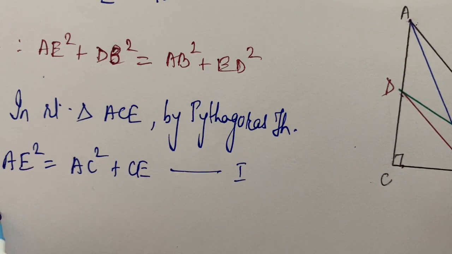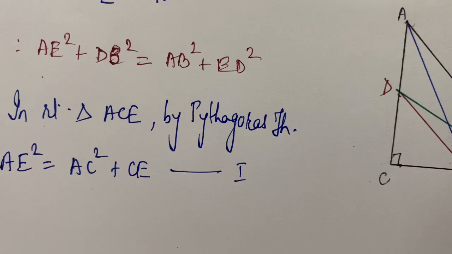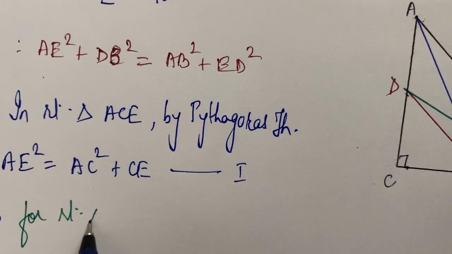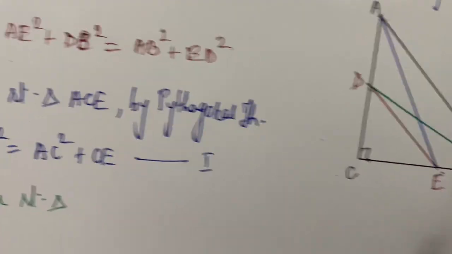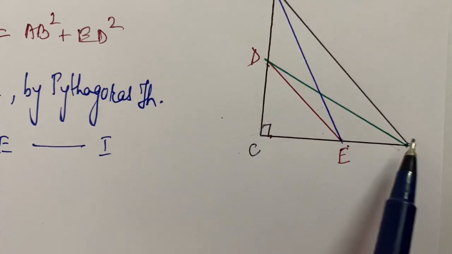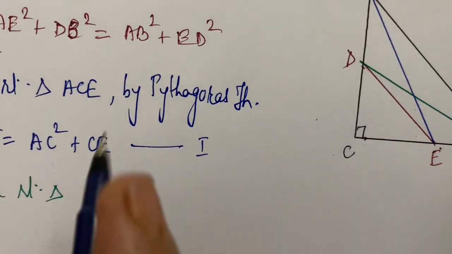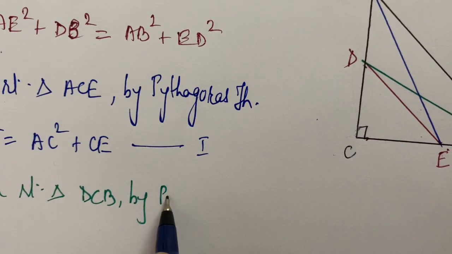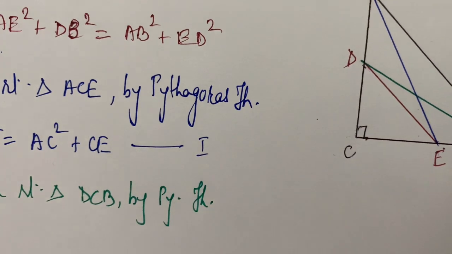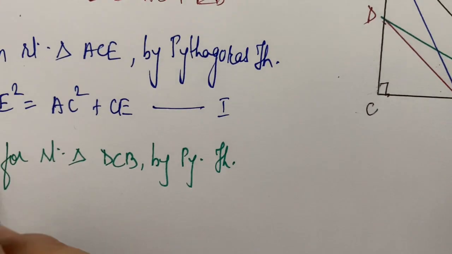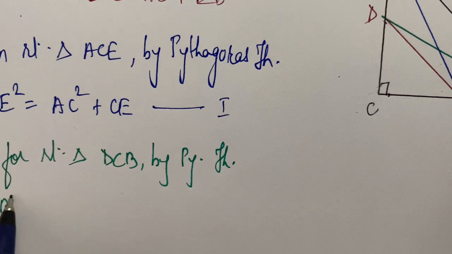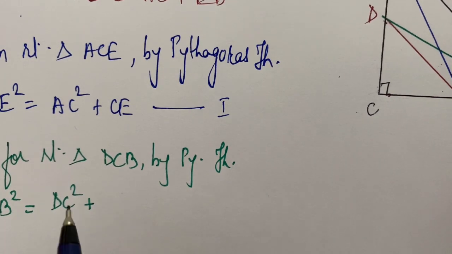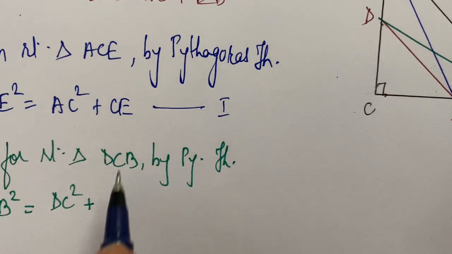Also, for right triangle, I want DB square. So I will take triangle DCB. For right triangle DCB, again by your Pythagoras theorem, it will be DB square or BD square is equal to DC square plus BC square.